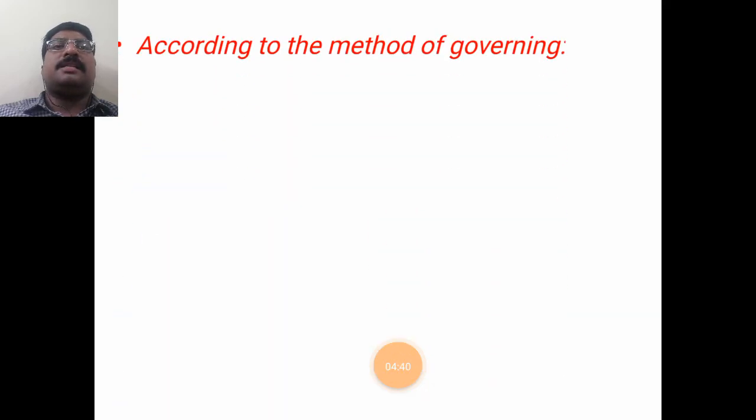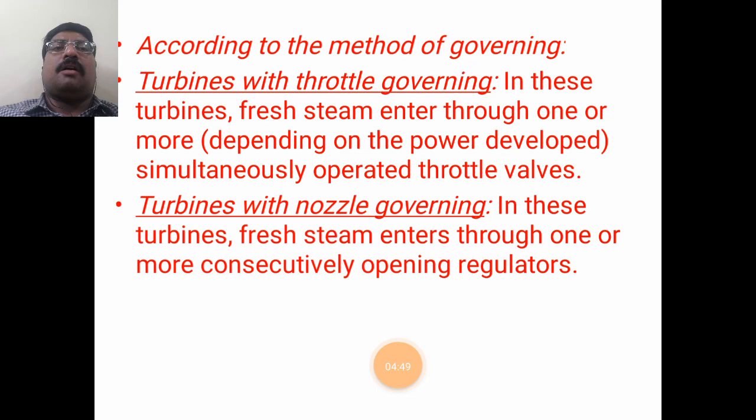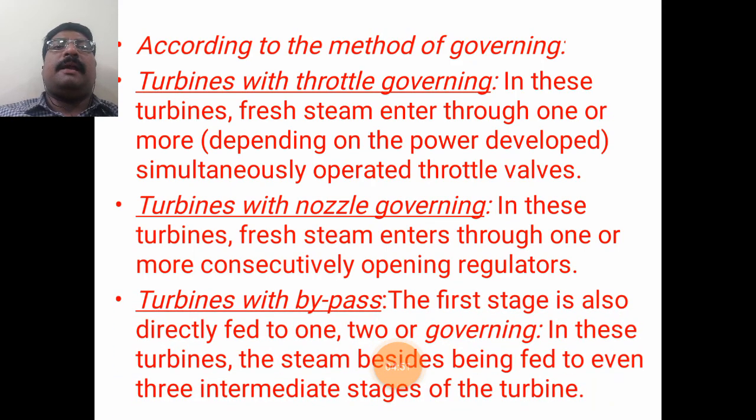Next is the classification according to the method of governing: a turbine with throttle governing system, a turbine with nozzle governing system, and a turbine with bypass system. In a turbine with throttle governing, the fresh steam enters through one or more turbines simultaneously operated by means of throttle valves.